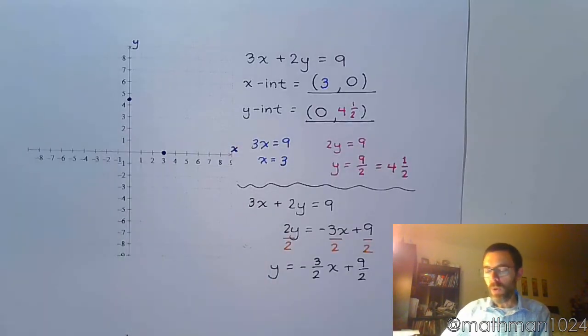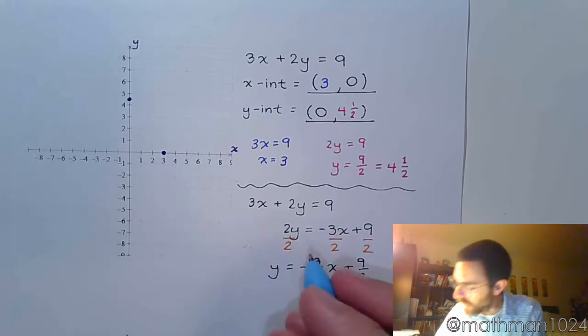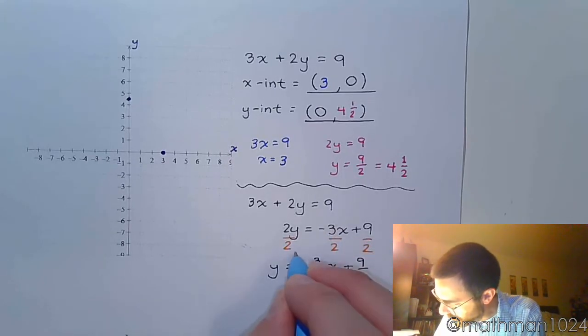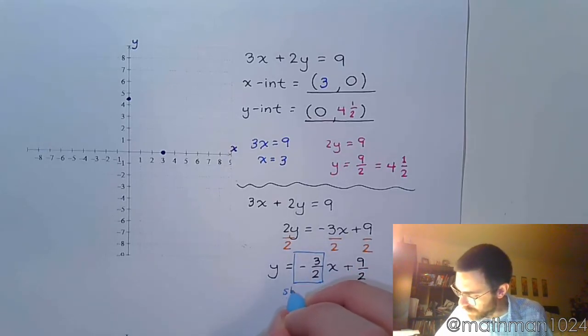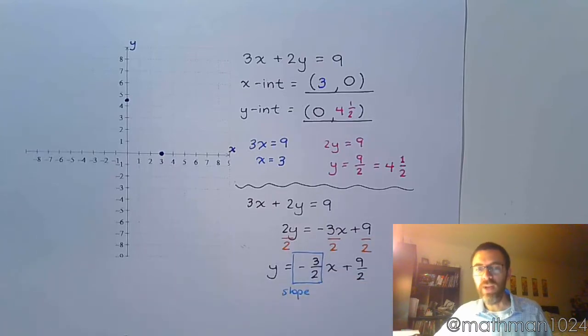But what was important for me in solving this for y is that I now have my slope. Remember, the slope is just the coefficient. It doesn't actually include the x, it's just the number in front of the x. So knowing that my slope now is negative 3 halves, I can use that to get additional points.